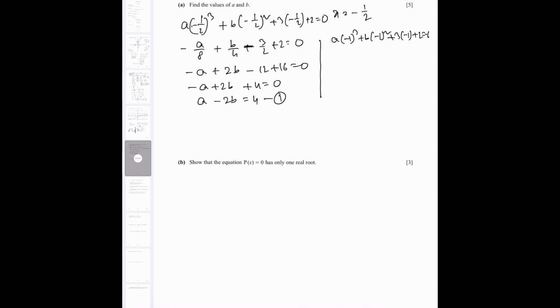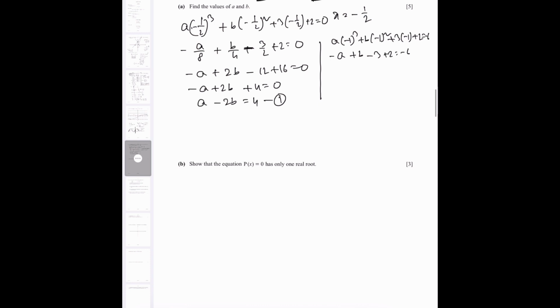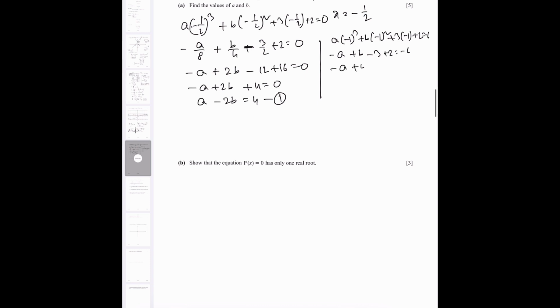Okay, simplify now. Minus a plus b minus 3 plus 2 equals minus 6. Minus a plus b minus 1 equals minus 6, so minus a plus b equals minus 5. Now a minus b equals 5. I removed the minus sign from all the sides.